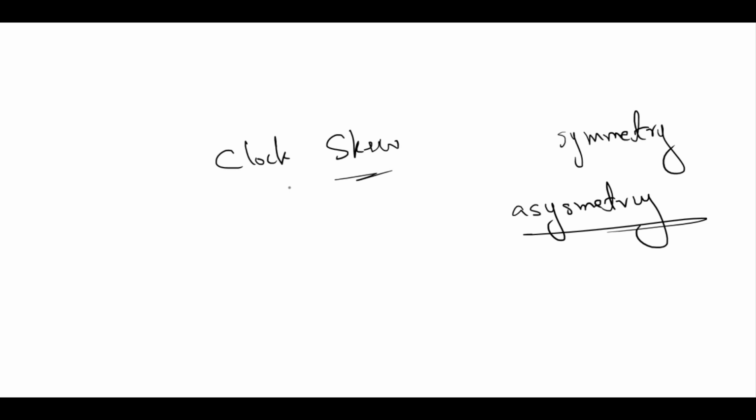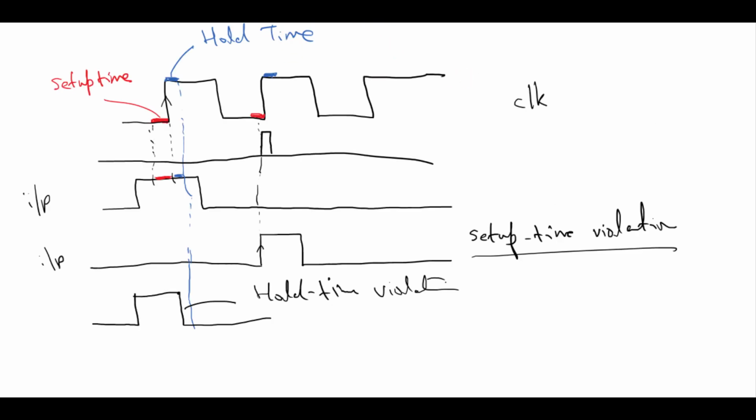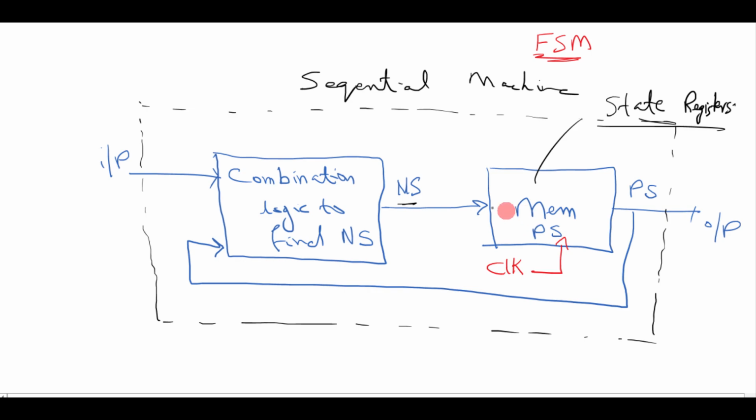For example, as I have just told you, your register is a combination of flip-flops. So the state register here is a combination of flip-flops.